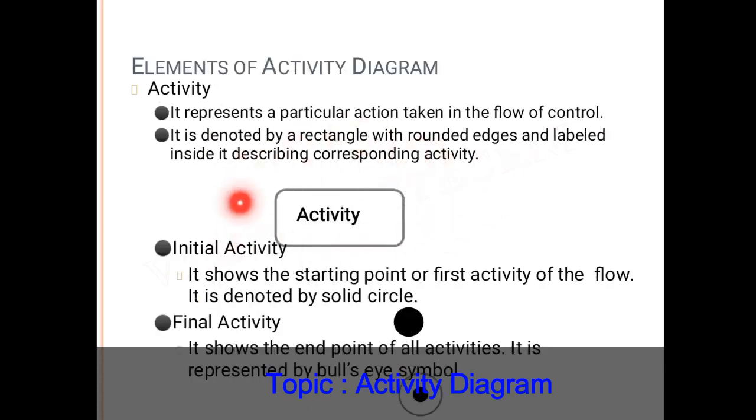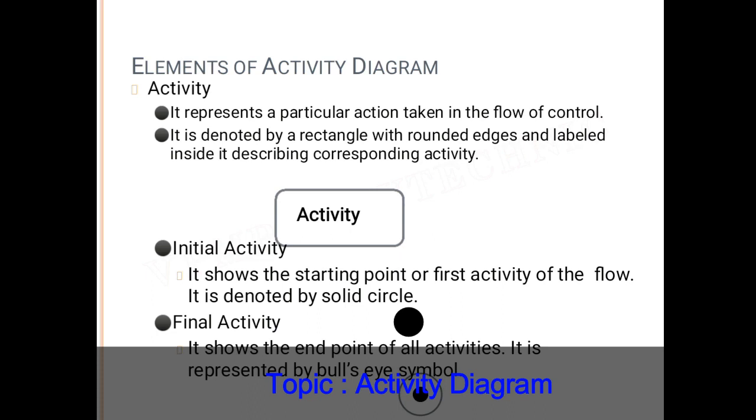This is the activity symbol, denoted by a given activity of the system. Then this is the initial symbol, denoted as the first activity of the system, that is, the initial activity. Then this type of symbol is used for the final activity, which means the end point of the system.